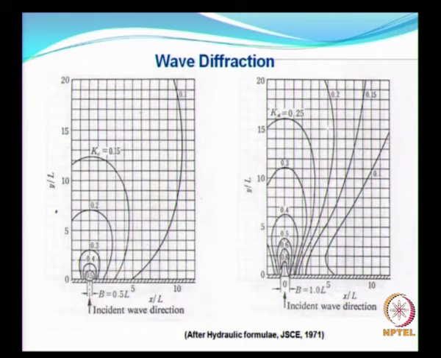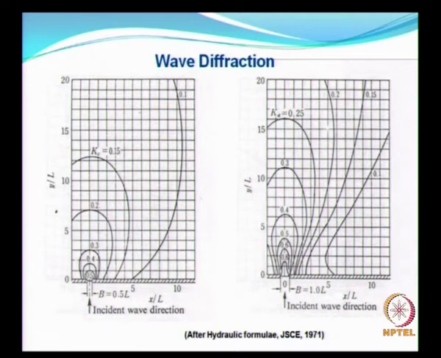In this picture, on the left-hand side you see the breakwaters, with the distance between the two breakwaters B equal to 0.5 times the wavelength. You see those curves; those are the isolines of constant Kd, the diffraction coefficient.